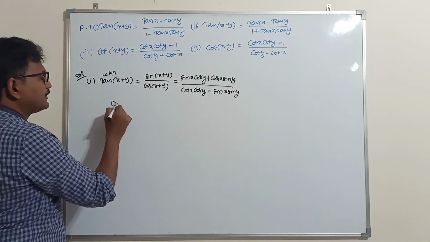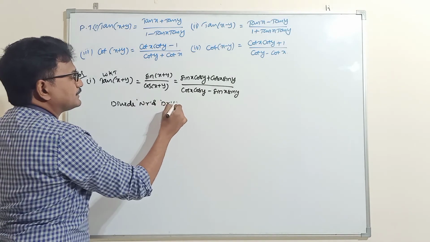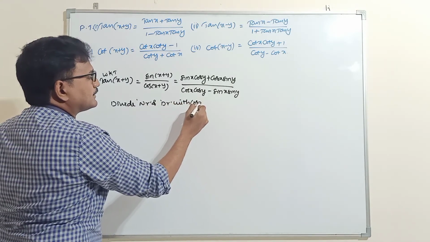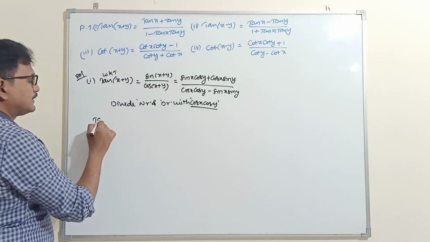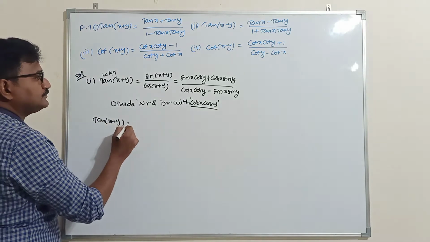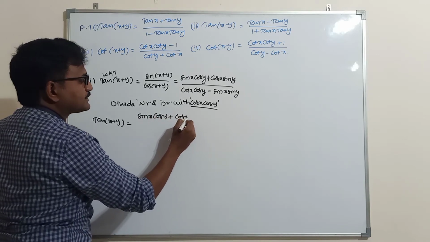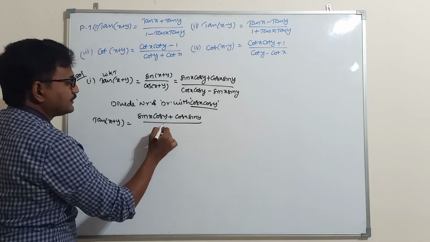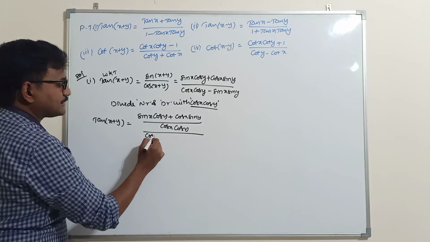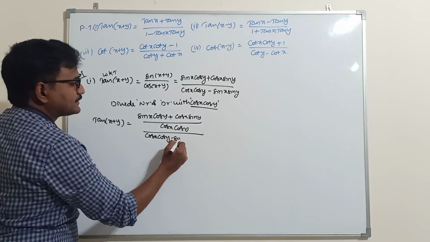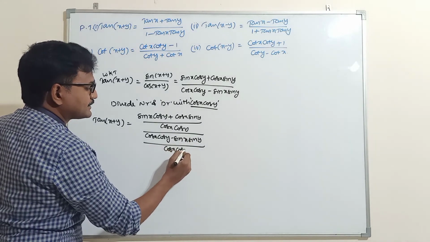So divide numerator and denominator with cos x into cos y. Then tan of x plus y is equal to sin x cos y plus cos x sin y divided by cos x cos y, over cos x cos y minus sin x sin y, the denominator also divided by cos x cos y.